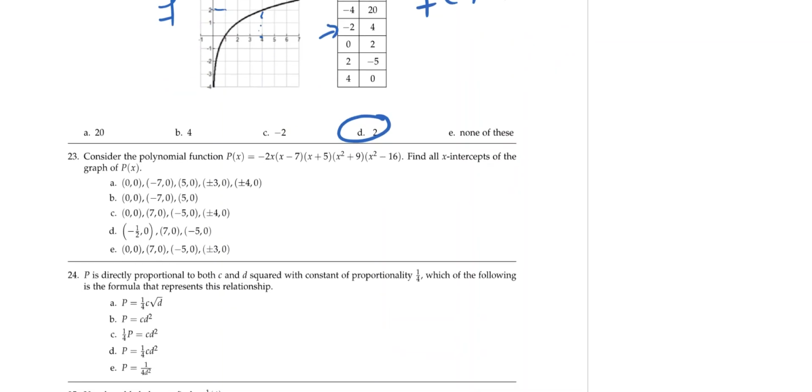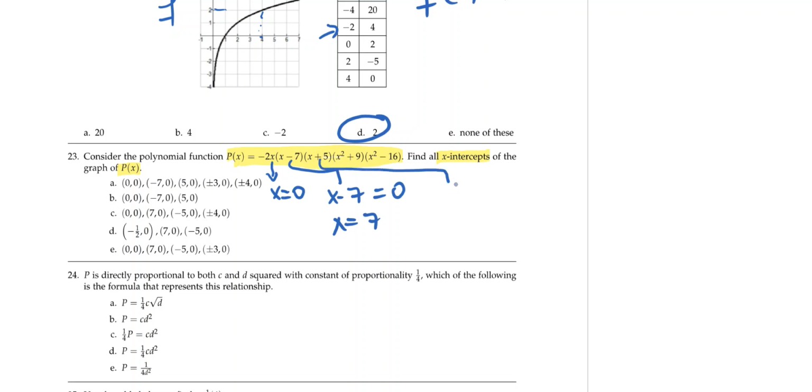Consider the polynomial function. This one. Find all the x-intercepts. Remember, the x-intercepts or the zeros. So basically, it's already in factored form. So from this one, I get that x equals 0, because then 2 times 0 times all of this stuff is going to give you 0 out. From this one, I get x minus 7 equals 0, which gives you that x equals 7.